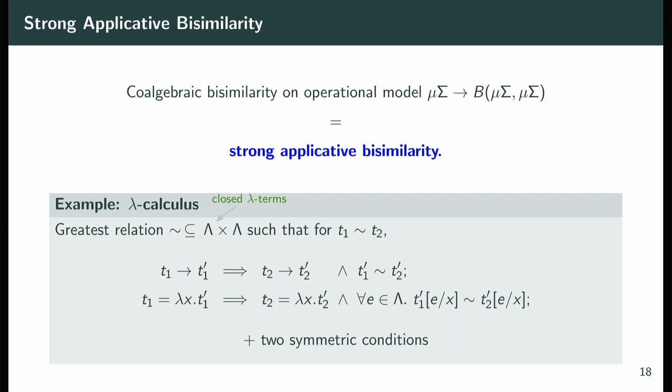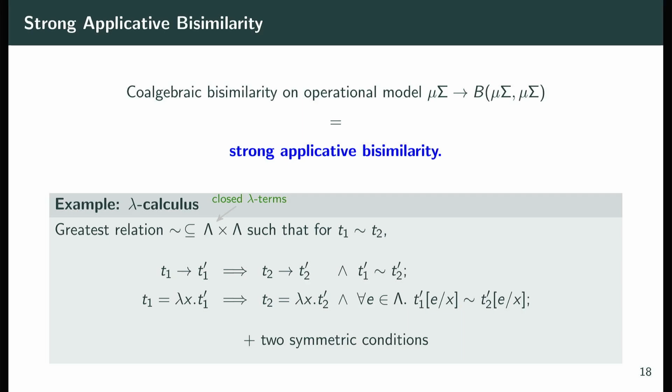Now, if T1 is a lambda abstraction, of the form lambda x dot T1 prime, then T2 has to be of this form also, lambda x dot T2 prime, and for each closed lambda term E, substituting E in T1 prime is bisimilar to substituting E in T2 prime. So those are the two symmetric conditions.